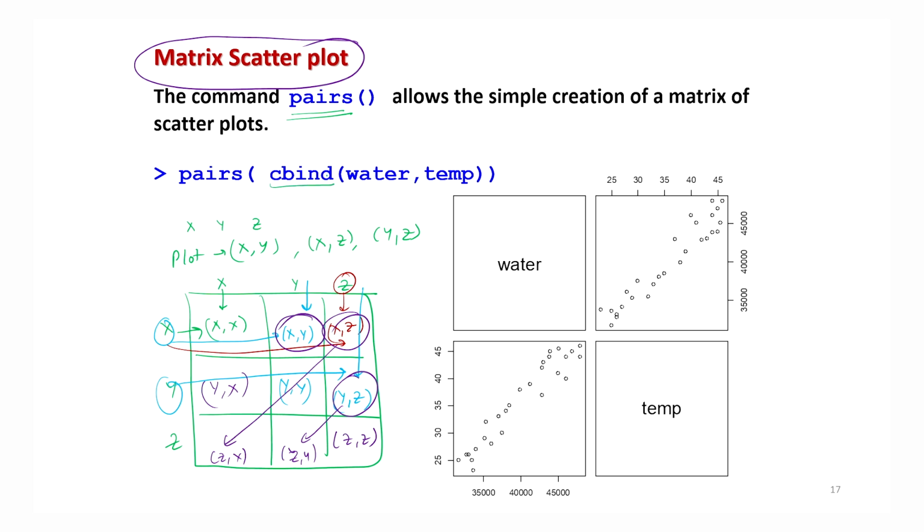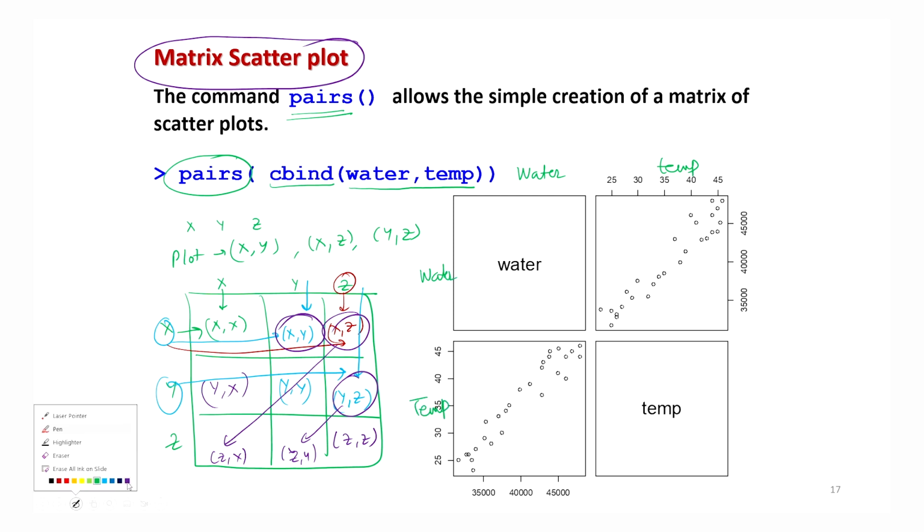For example, if I want to create a matrix scatter plot for the same data, water and temperature, I can write cbind, water comma temp, and then use the command pairs. So you will see this will be water and temperature, and similarly on the horizontal part also, water and temperature.